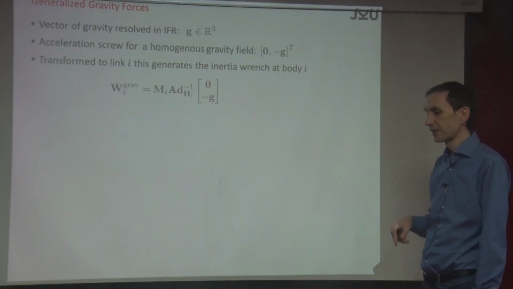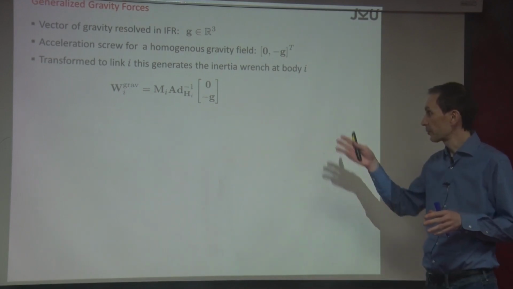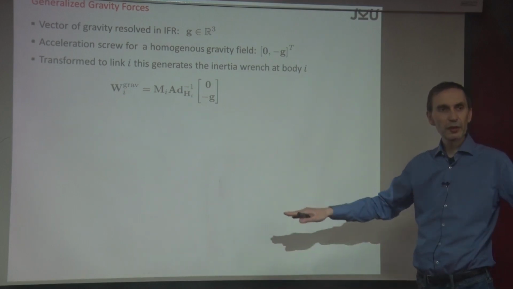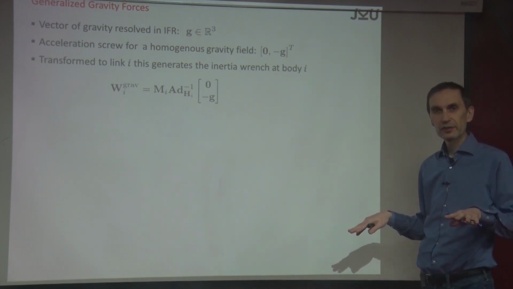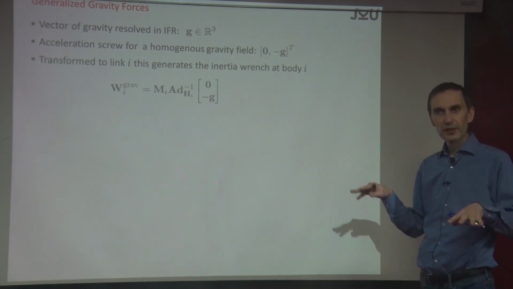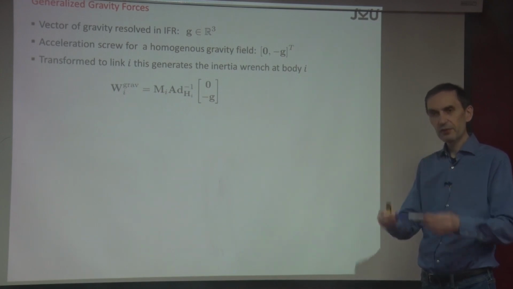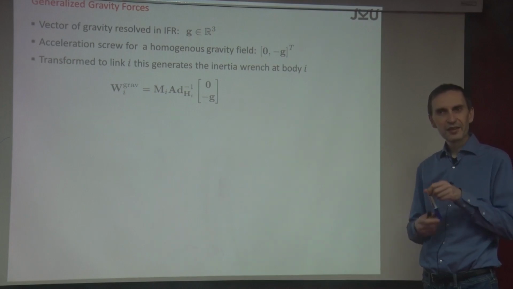So the linear acceleration, and we have homogeneous. This version is true for the assumption that we have a homogeneous gravity field, which means that we have no torque, which means no angular acceleration. When would we have an angular acceleration? Because everything is just accelerated linearly. When would we also have an angular acceleration?